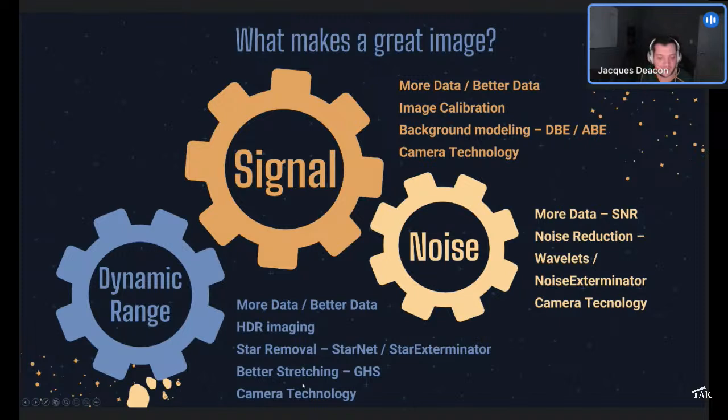And then better stretching, something like GHS, generalized hyperbolic stretching, but there are other ones as well. How do we convert that raw signal into a picture with good dynamic range? GHS just gives you that much control over the transformation of the data.